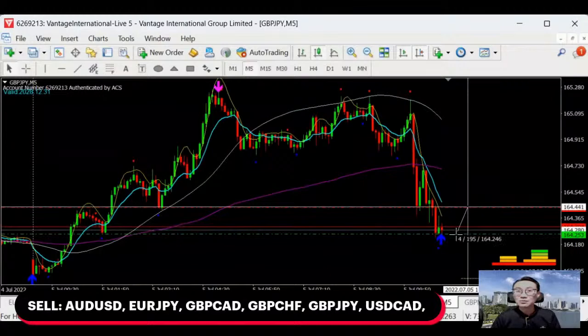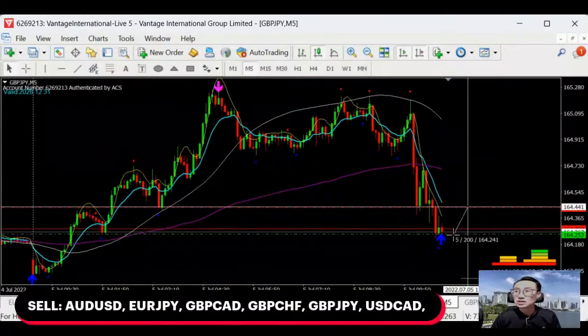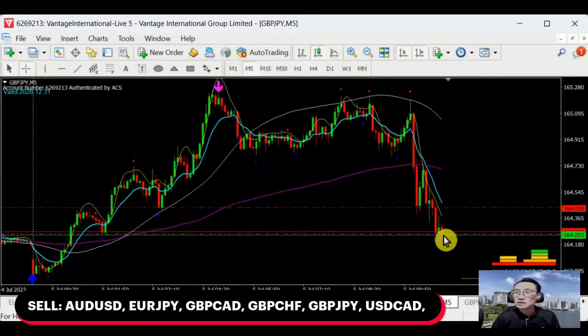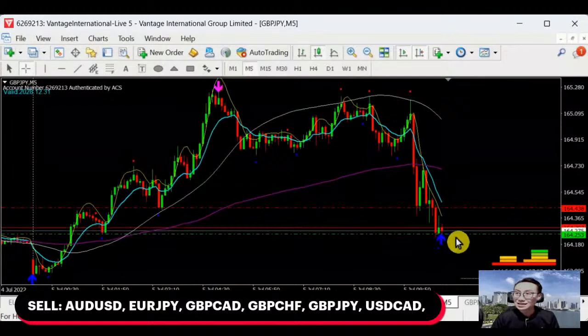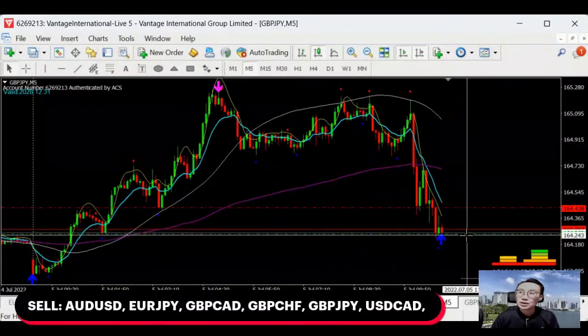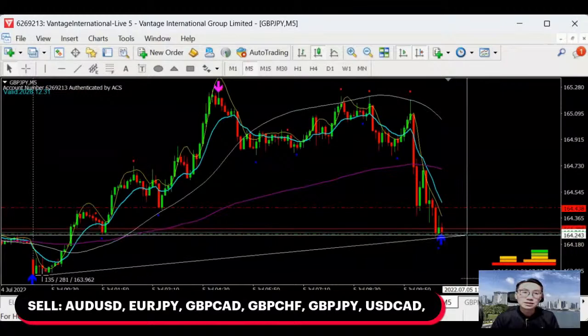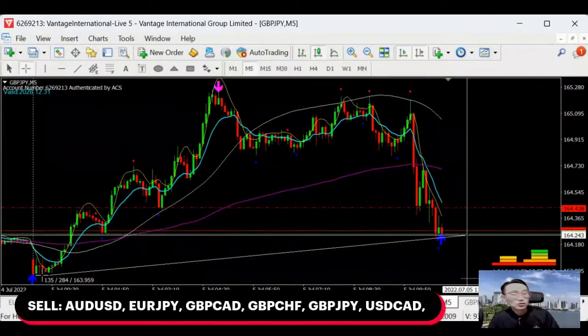Okay, this is 19 pips from the resistance to this. It's about 20 pips, so I think that's much safer. If this is going to continue the selling, let's go for selling first. Retest this, then sell. You have about 30 pips, so I think it's pretty safe for us to grab 20, you know.